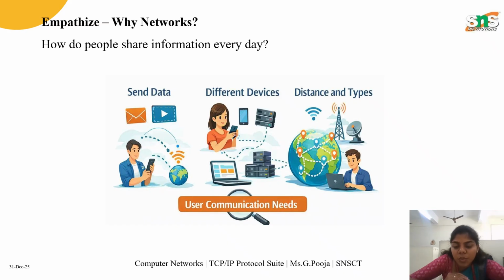And then LAN is called local area network, like the LAN cables, Ethernet cables that we use in offices and all. This has a particular range. It is used in a building, and one of the examples is Wi-Fi connections.